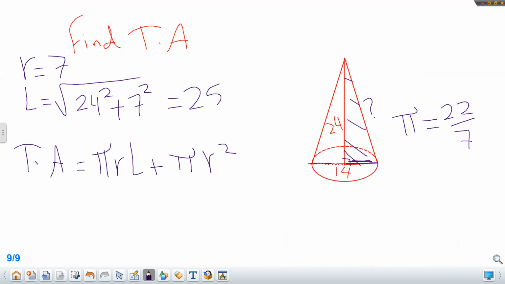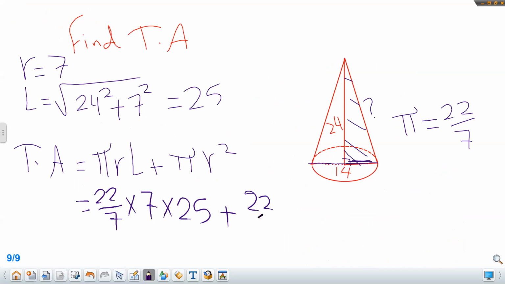Equals pi, which is 22 over 7, times radius, which is 7, times slant height, which is 25, plus pi, which is 22 over 7, times 7 power 2, which is r square. Then you can evaluate it.